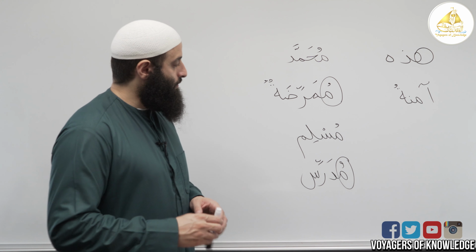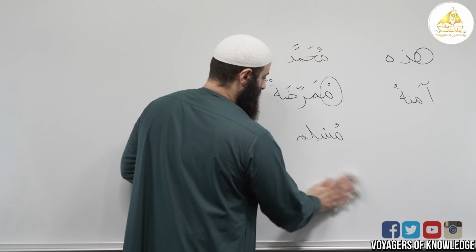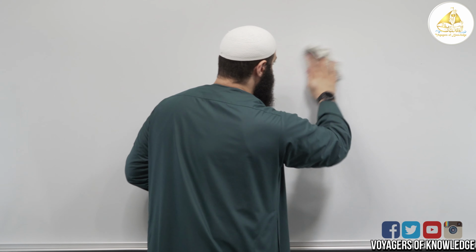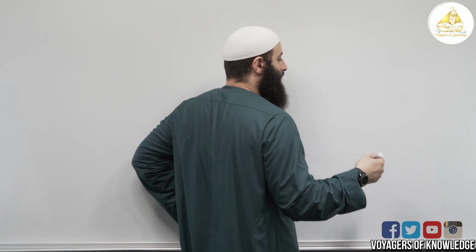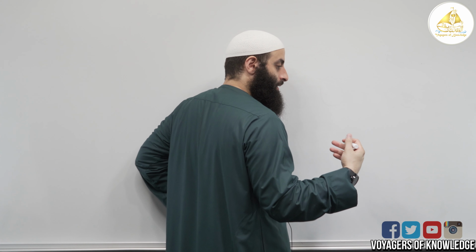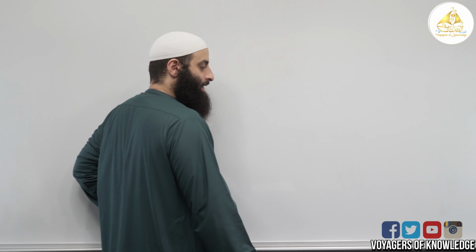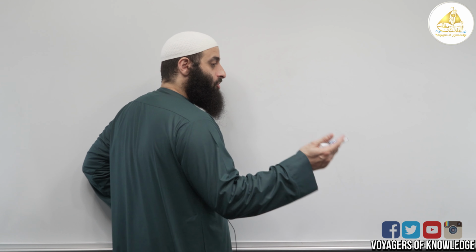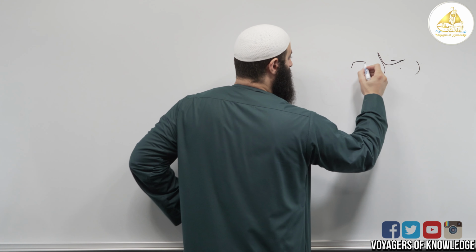We have taken before, let me erase this real quick, that words of sifa and mawsuf, meaning that you have a person you're describing, then the description. We said the description must always come second. So if you want to say a tall man, you will say رجل طويل.